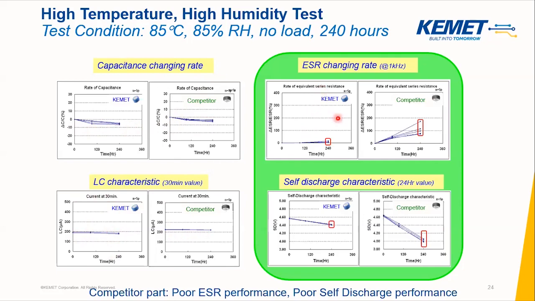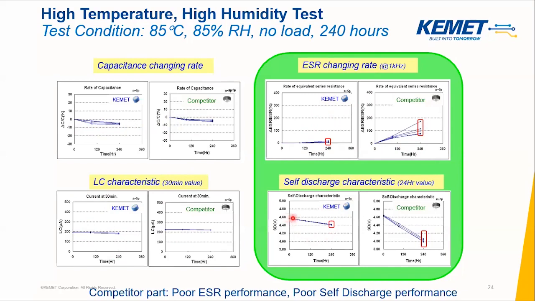But when it comes to the ESR changing rate and the self-discharge characteristic, you can see the ESR over time is so stable, it hasn't increased much, but in the competitor's product, ESR has changed a lot and increased over time.